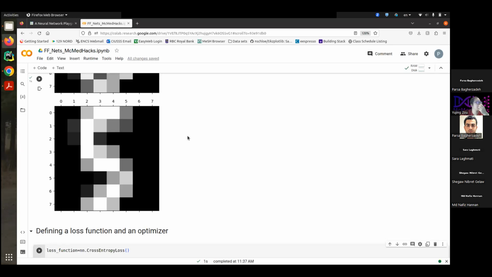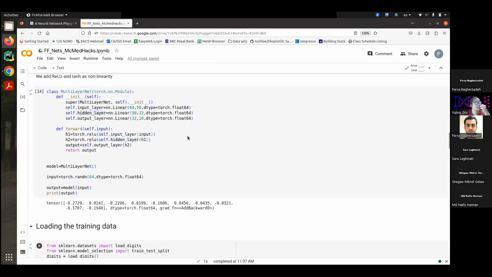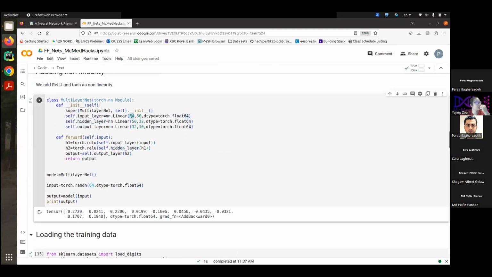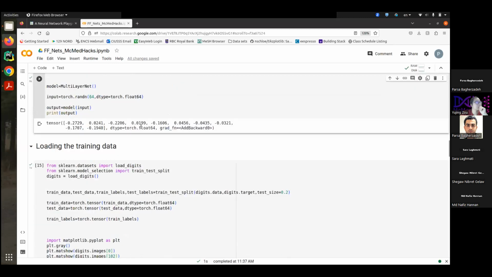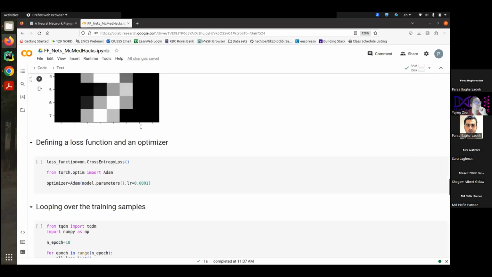That explains why I chose 64 as my input size, right? And how many classes do we have? We have 10 digits, we want to classify into 10 digits, and that explains why I chose 10 as my output. Okay, so I've loaded the training data.